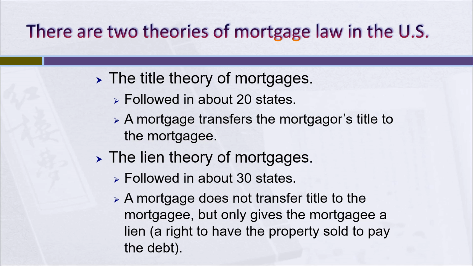It's followed in more states, about 30, and what it says is that a mortgage doesn't transfer title to the mortgagee, but it only gives the mortgagee a lien, that is, the right to have the property sold in order to pay the debt. So if you're going to ask whether a mortgage by one joint tenant will sever the joint tenancy, you first have to answer that question by looking at the mortgage law of the particular state that you're in to see whether it follows the title theory or the lien theory of mortgages.